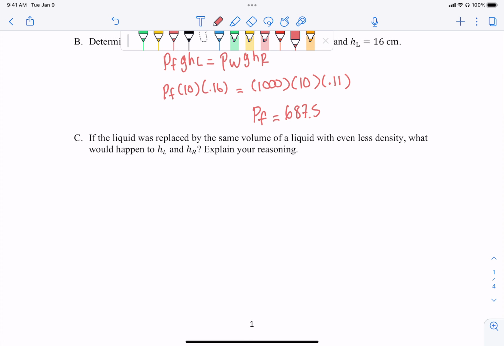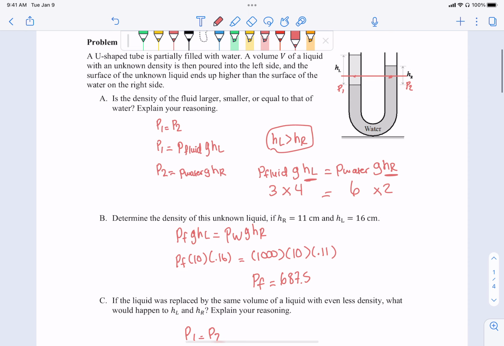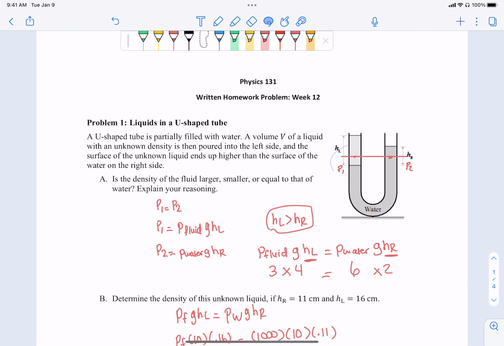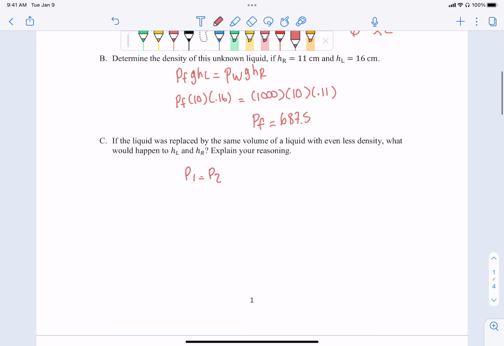We're going to think about this in the same manner as part A. We have our two points, P1 is equal to P2, the points here and here. Those are equal to rho fluid times gravity times HL and rho water times gravity times HR.